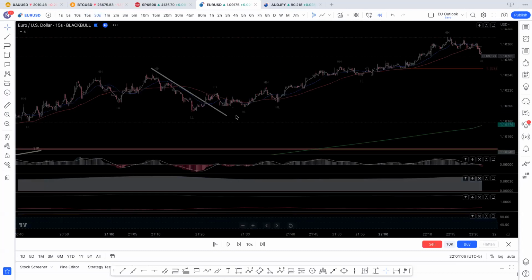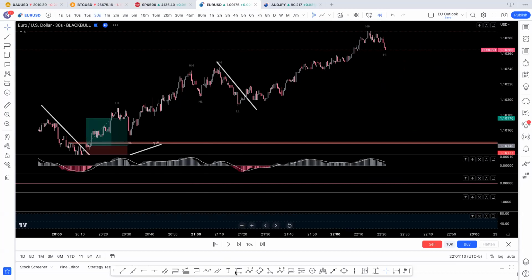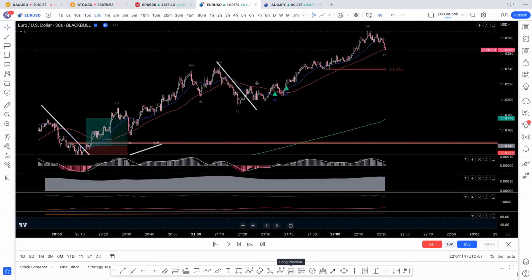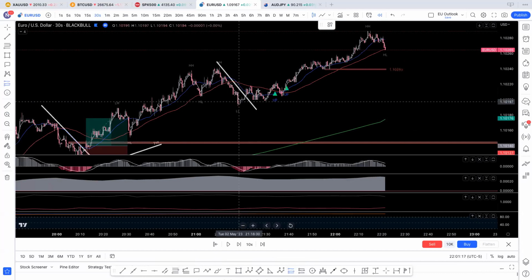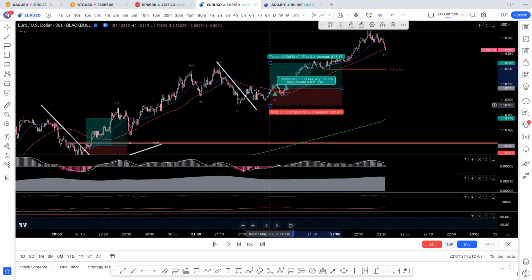I see the cross right here. And once price breaks above my moving averages, I would, let's see, go in. I would truthfully go in right here because it broke above.